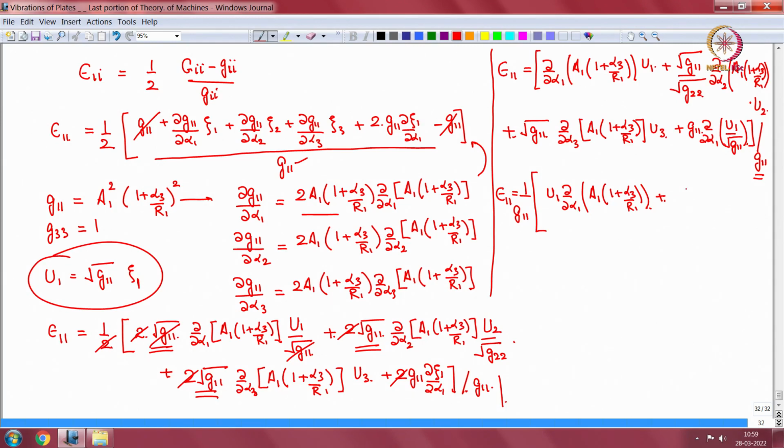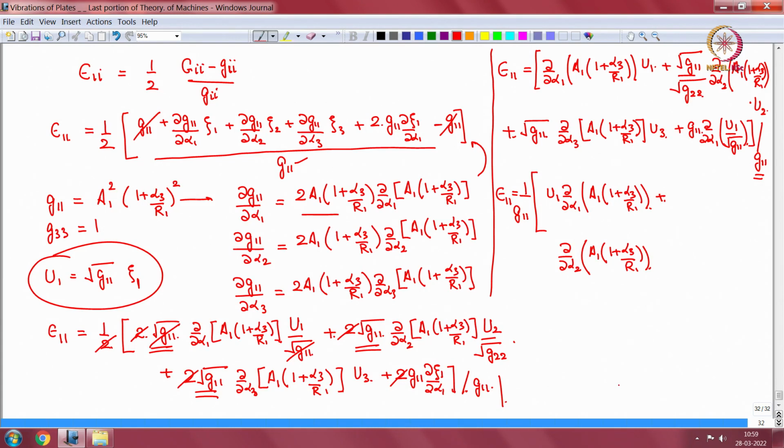del alpha 2. So this is important here. So let us see, del of del alpha 2, A1 (1 plus alpha 3 by R1). Okay, if you recall, what is that?